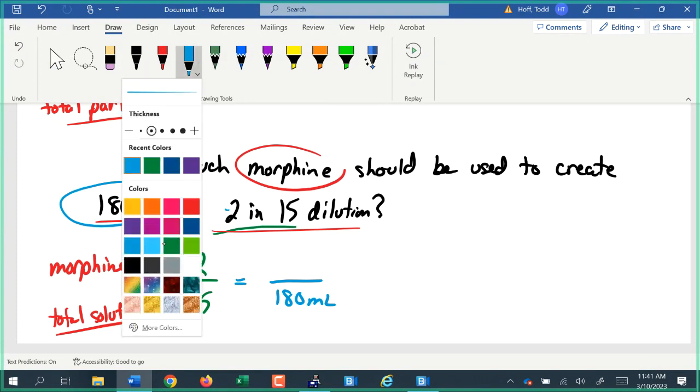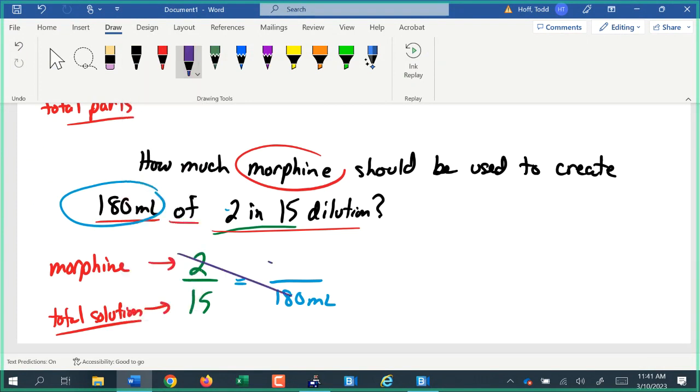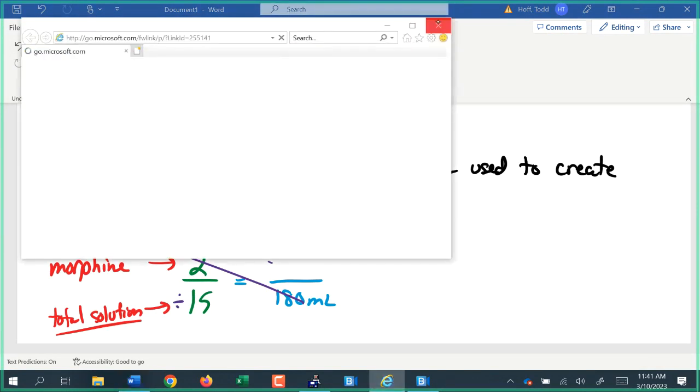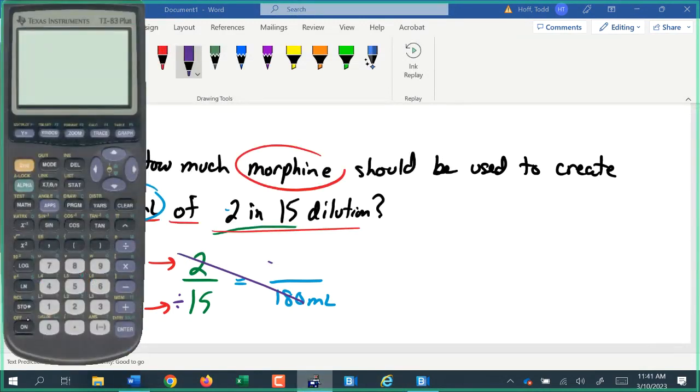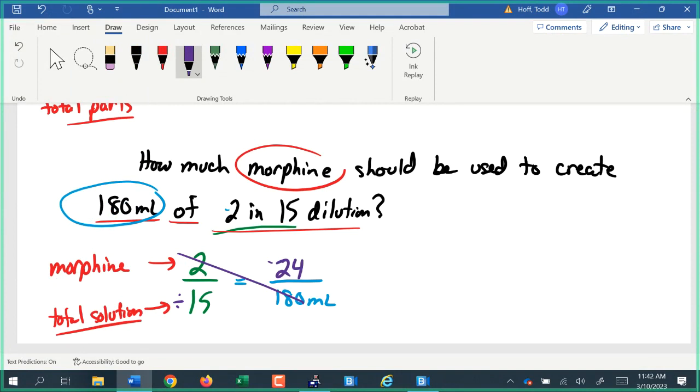And then, of course, we cross multiply and divide. 2 times 180 divided by 15, I believe that gives us 12, but I'm going to go ahead and double check that calculation. 2 times 180 divided by 15, actually, she gives 24, sorry. I punched in, I missed a 0 there, so it is 24 milliliters.